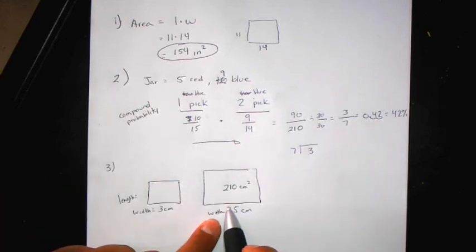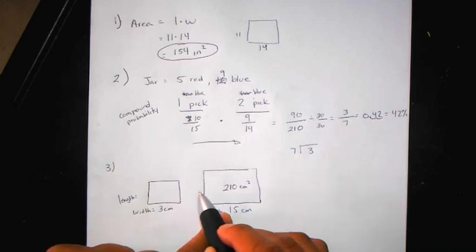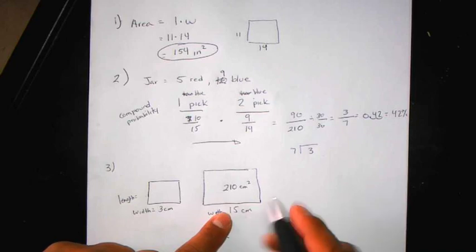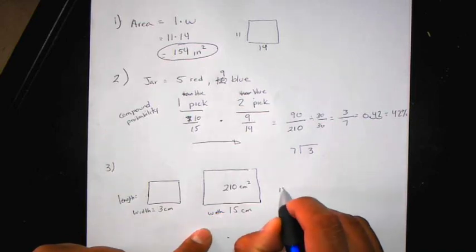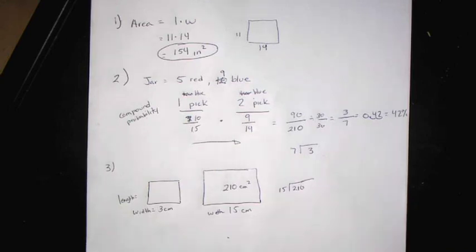Okay, so I know that length times width gives me my area. So how can I work backwards to figure out this missing length? Okay, you would divide 15 into 210 and tell me what you get.